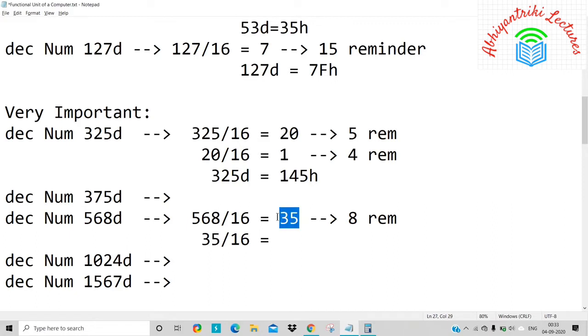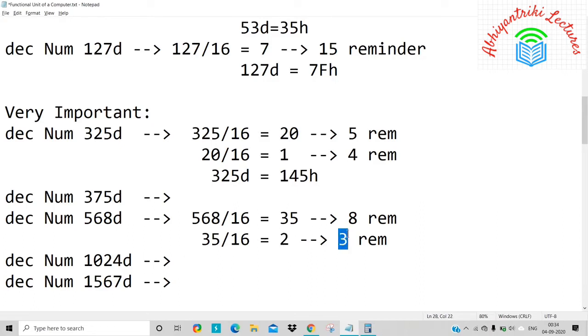So now 35 divided by 16 is 2, and the remainder is 3. Now 2 is less than 16, so you don't have to convert it again. The answer is 2, 3, 8.